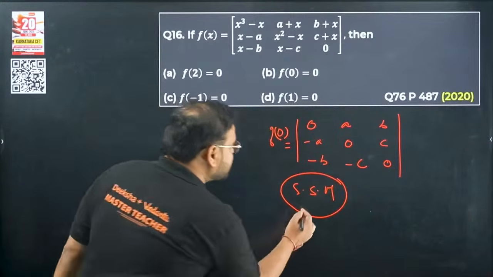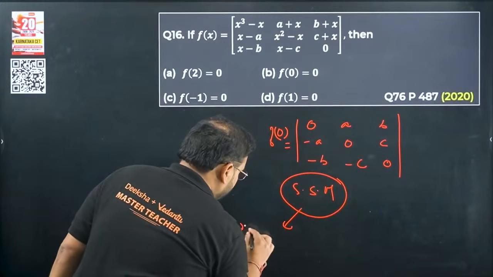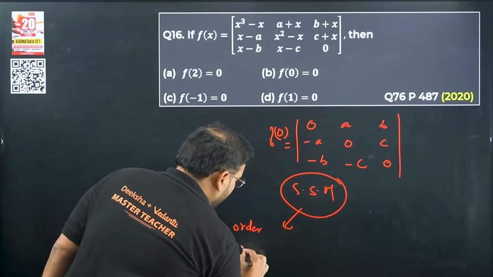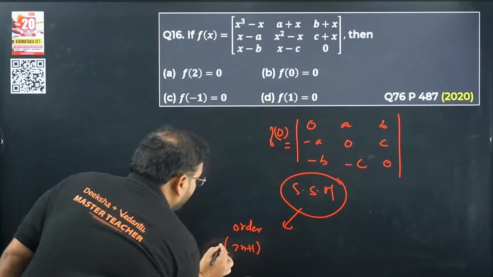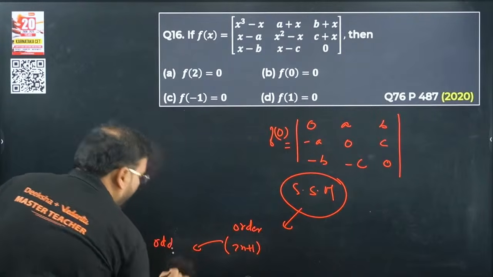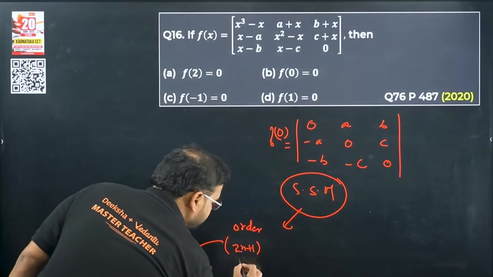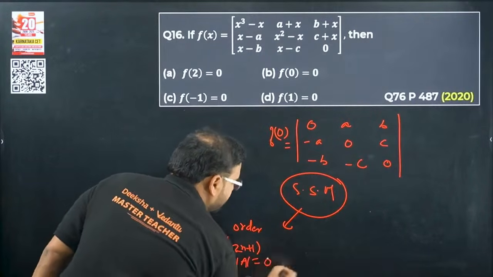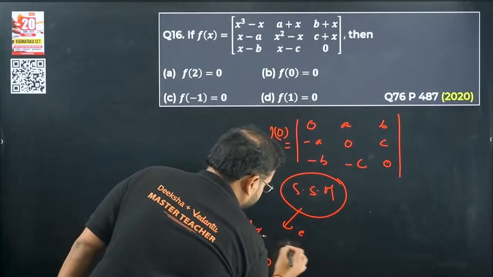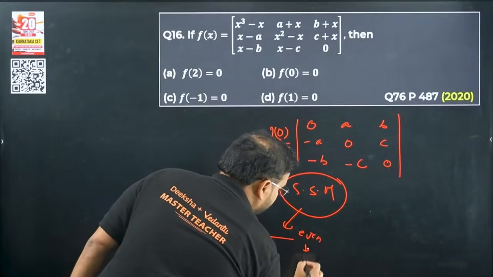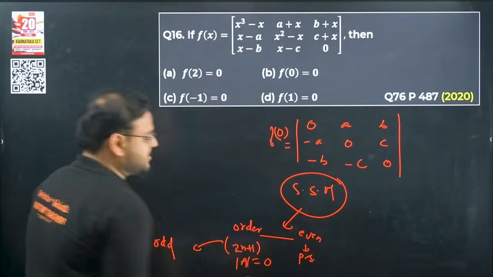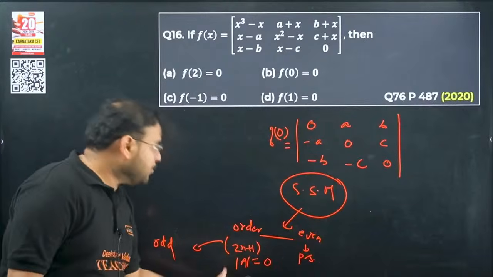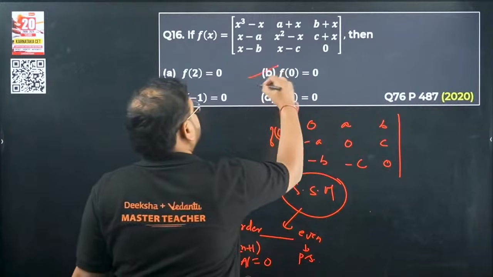The order is 2n plus 1. What is the meaning of 2n plus 1? Odd order. Odd order determinant is always 0. For even order, it is a perfect square. Odd order gives 0. Answer is option D.